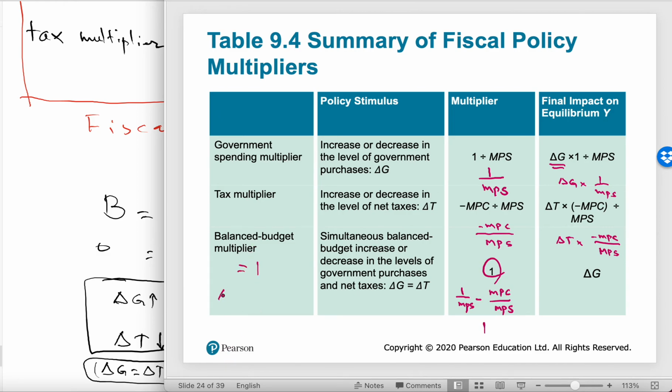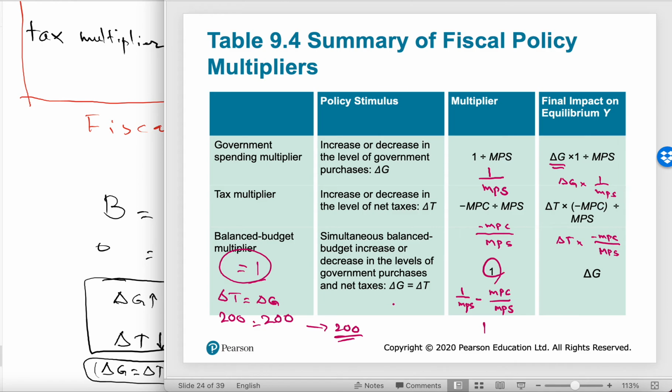If we change delta T equal to delta G in the same direction, both increase or both decrease, the output is going to increase or decrease by the same amount. So if we increase this by 200 and this one by 200, the GDP is going to be increased exactly by 200.